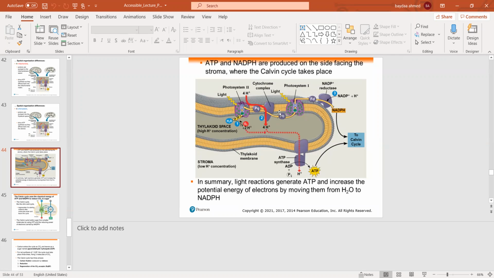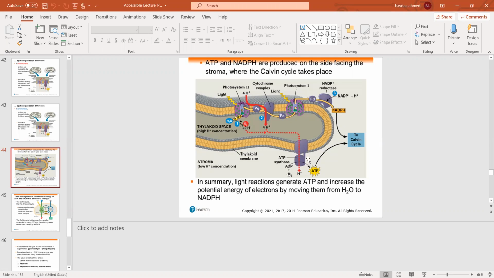In chemiosmosis, the diffusion of hydrogen ions from the thylakoid space back to the stroma down the gradient powers ATP synthase and produces ATP.